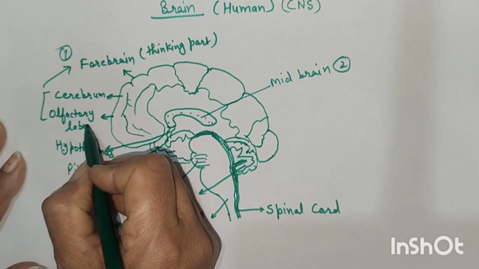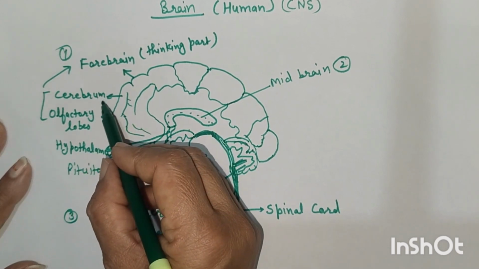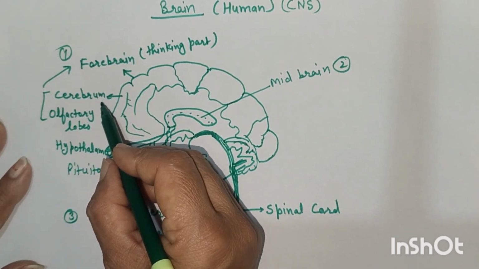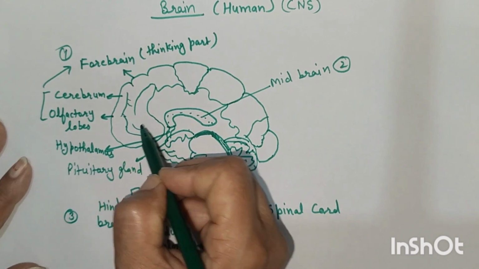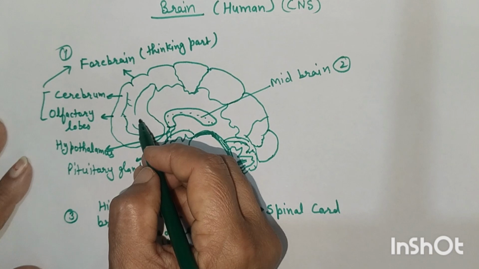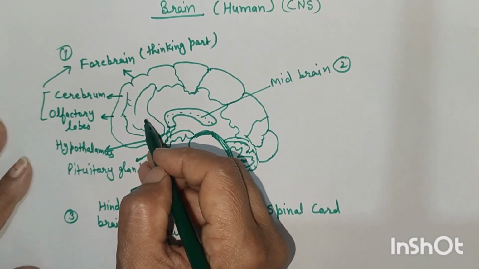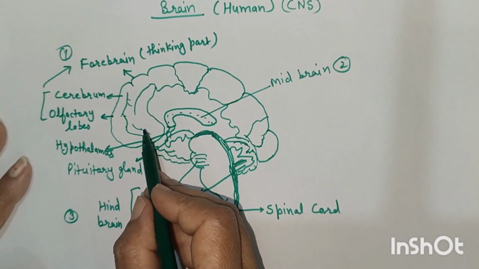The olfactory lobe is related with smell. The cerebrum has different lobes: occipital lobe, temporal lobe, frontal lobe and parietal lobe. Occipital lobe is for sight, temporal lobe for hearing, frontal lobe for speech and parietal lobe for taste and smell.